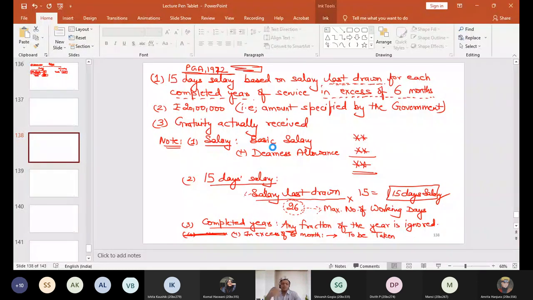Now, let me discuss an example from my book, and through that example, we will try to understand this concept.